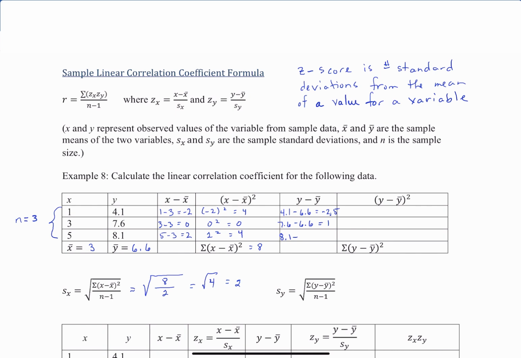If I subtract 6.6 from that, I get 1.5. Then for the next column, we square each of those. So negative 2.5 squared, that's a positive 6.25. Then we have 1 squared, which is of course 1. And last we have 1.5 squared, which works out to be 2.25.